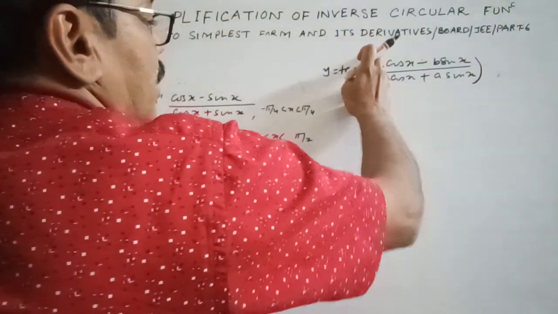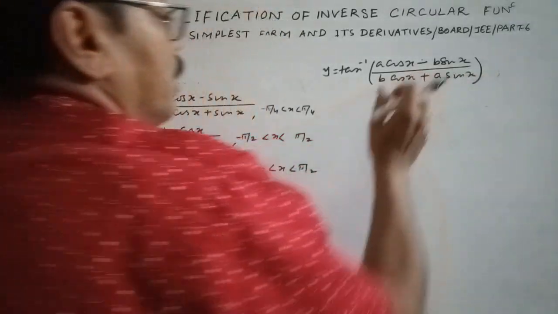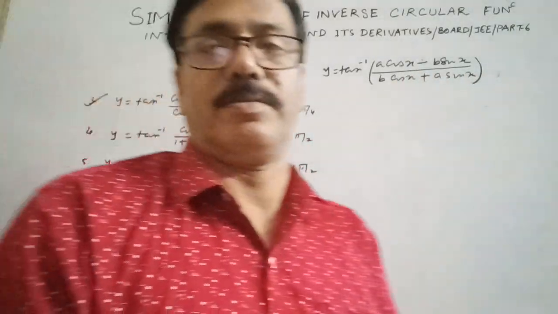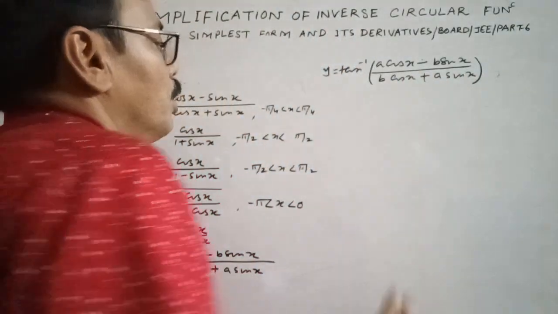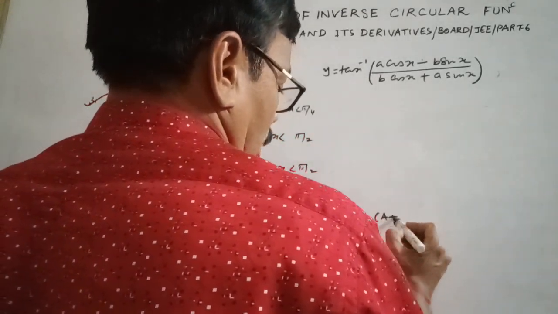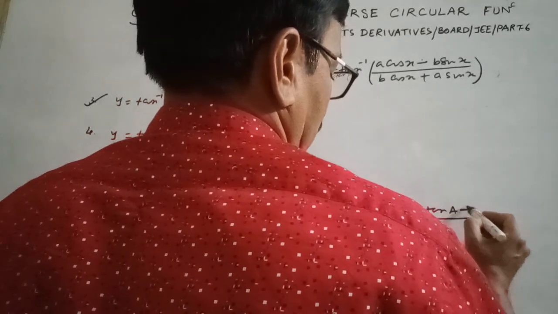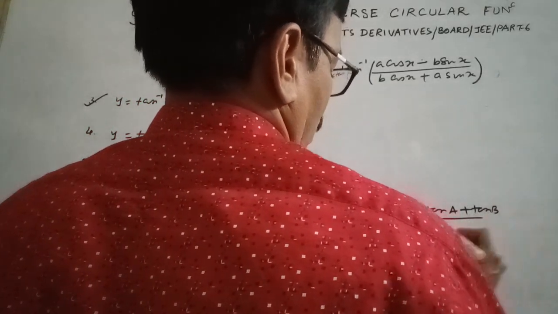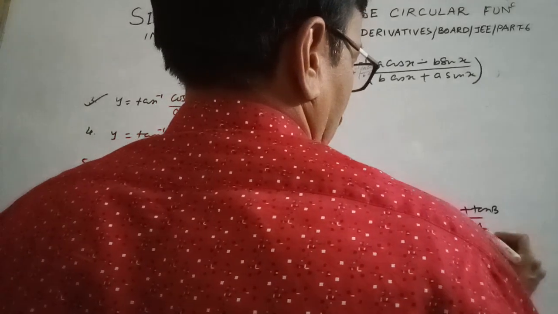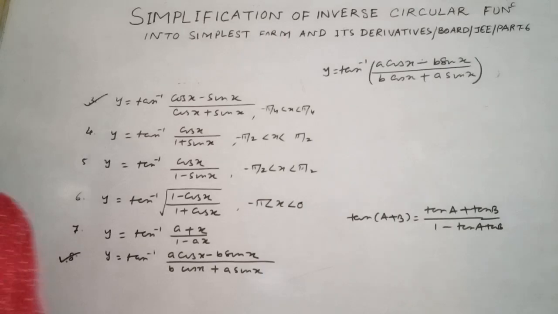So since it is tan inverse, our main aim will be to convert this argument in terms of tan. So what is formula of tan a plus b? Try to recall. Tan a plus tan b by 1 minus tan a into tan b. So this is our formula.